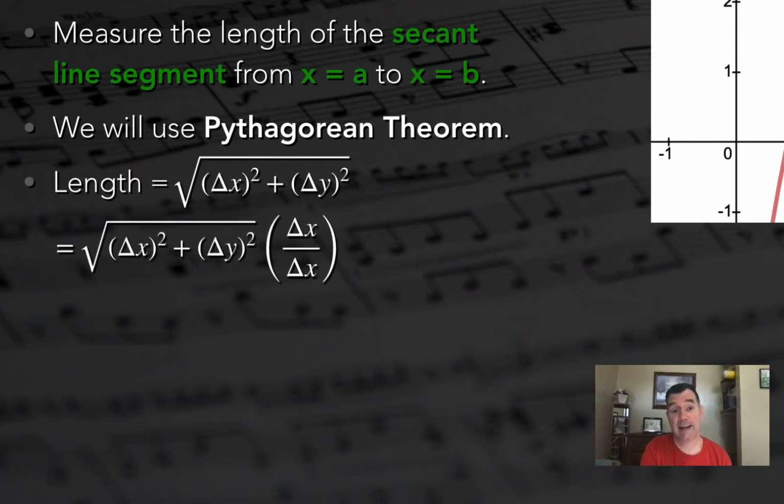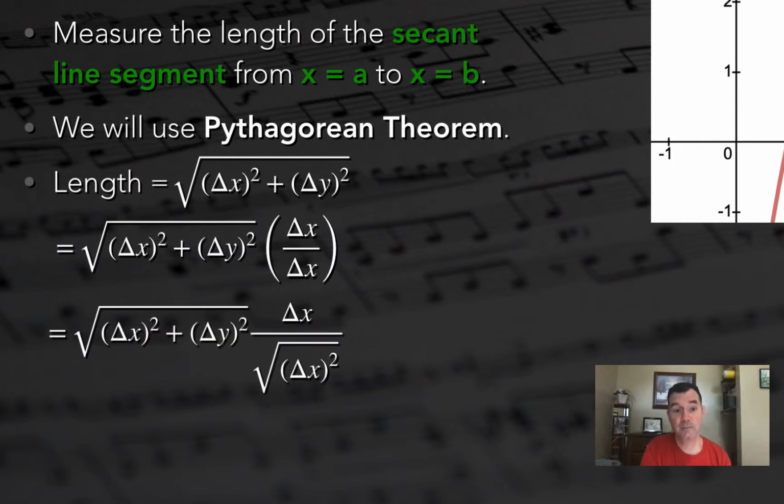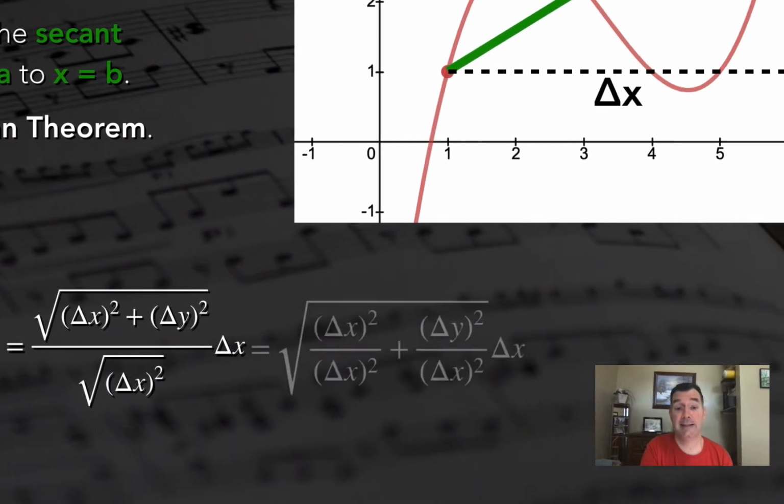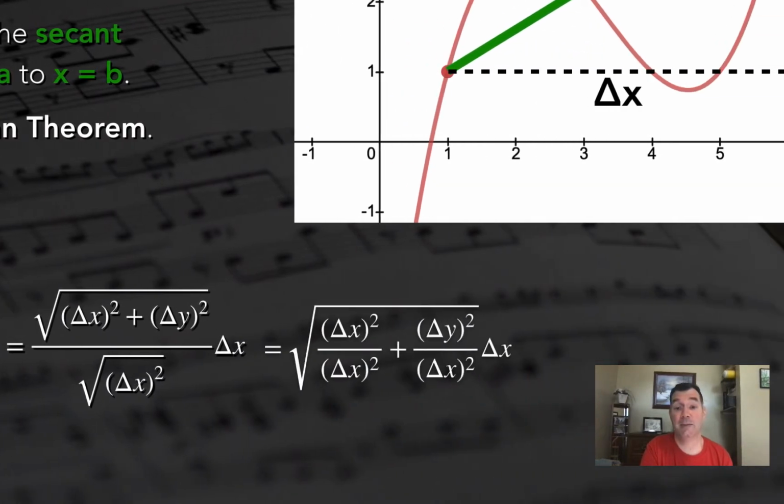Now, if I manipulate that a little bit by multiplying by delta x over delta x, that becomes delta x over the square root of delta x squared, which can then be brought over with the other square root as its denominator instead, and then it becomes the denominator of each of those things in the square root.